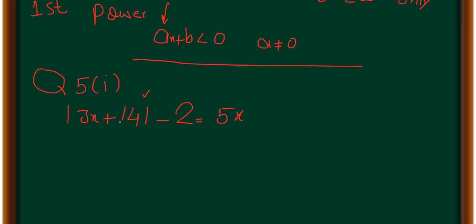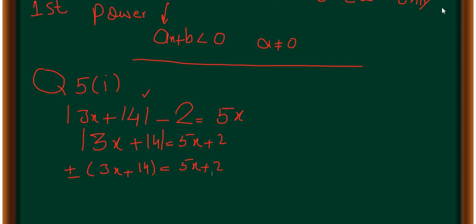We can also open it as it is, but we have difficulty. That's why first of all I shift minus 2 to the right side of the equal sign, and here I get 5x plus 2. Now here there is mod. When we remove mod, we write a plus minus sign. 3x plus 14 is equal to 5x plus 2.